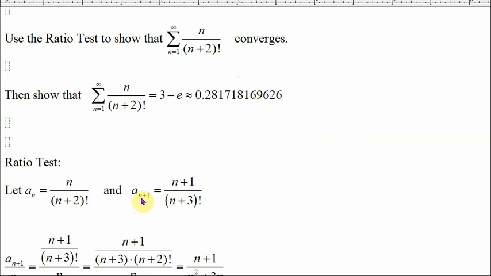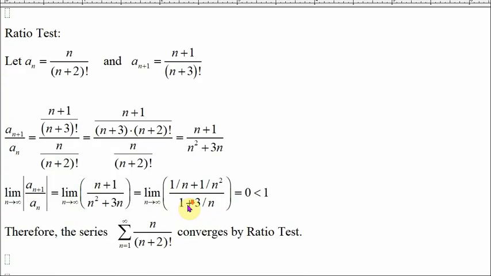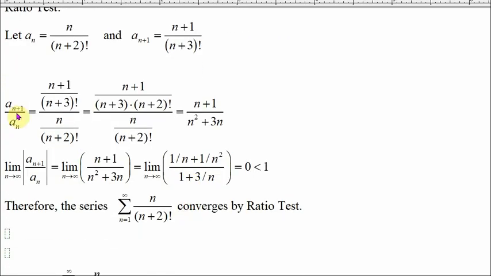And so a sub n plus 1 is (n plus 1) divided by (n plus 3) factorial. The ratio of a sub n plus 1 and a sub n will be (n plus 1) over (n plus 3) factorial, divided by n over (n plus 2) factorial.